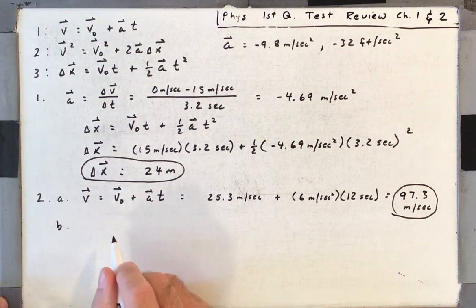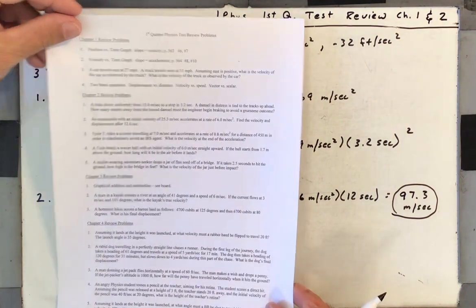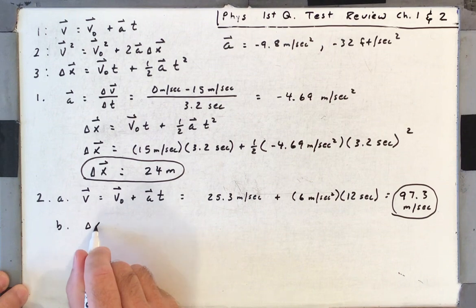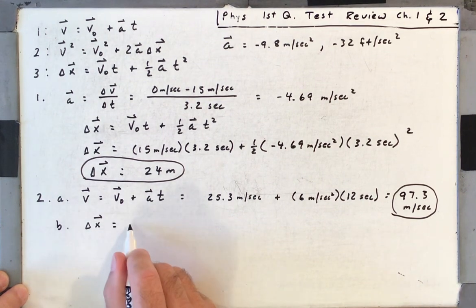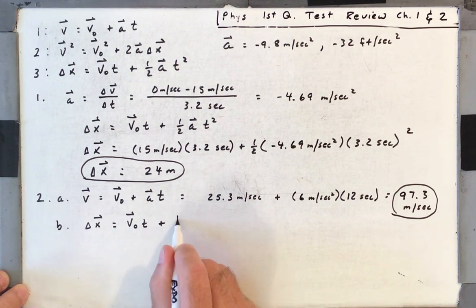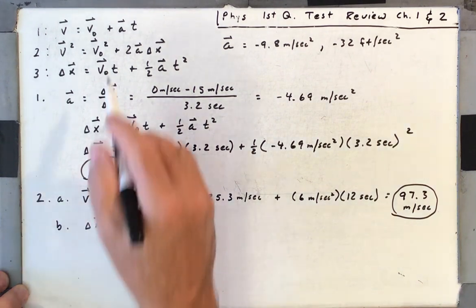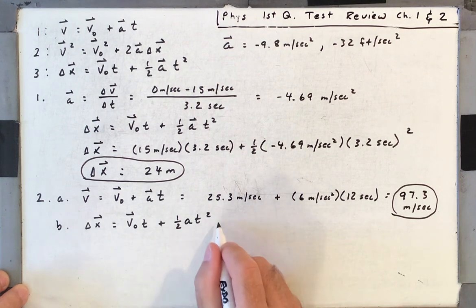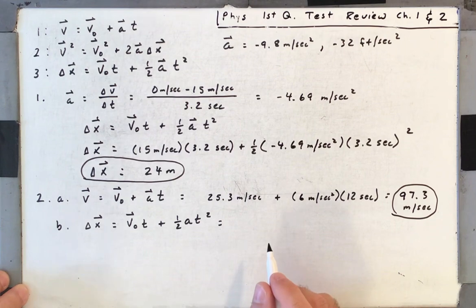Part B says find the velocity. So we're also to find the displacement. Excuse me. So displacement is equal to v naught t plus 1/2 at squared. We could also use equation number 2. This seems to me to be the more straight ahead plug-in equation. You'd have to do a little algebra if we used equation 2.